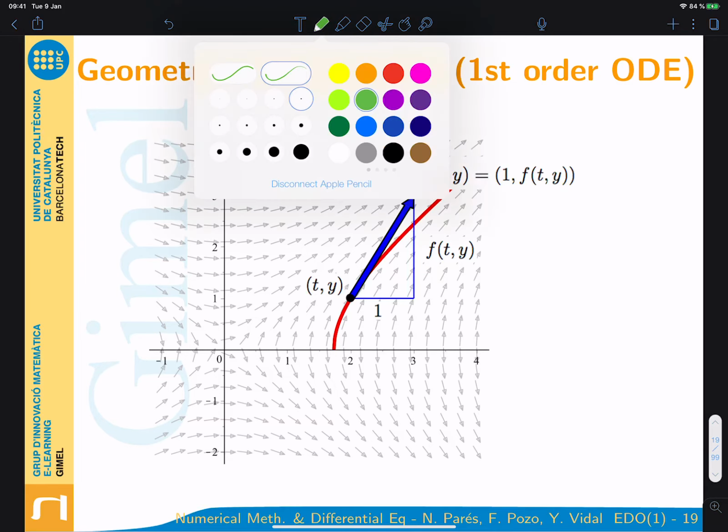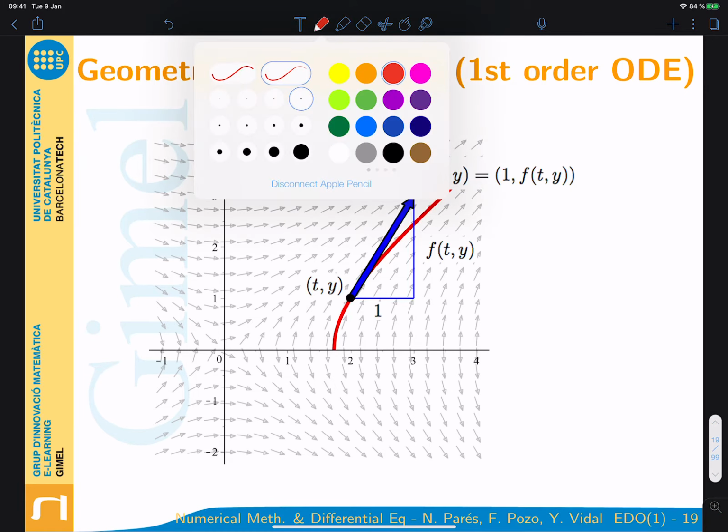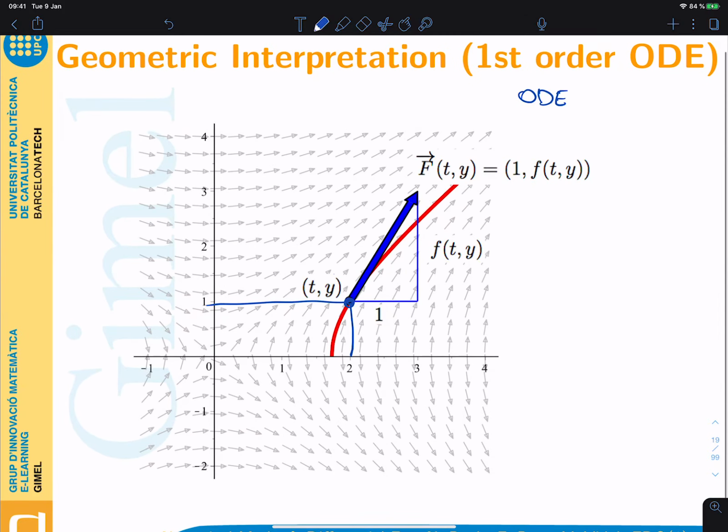Here I have an ODE, and this ODE is giving me, at any point I select, for example, here we selected this point, I can compute the value of f(t, y), and I get this vector, and I can compute it just using 1 versus f(t, y), and this is the slope of the tangent line.